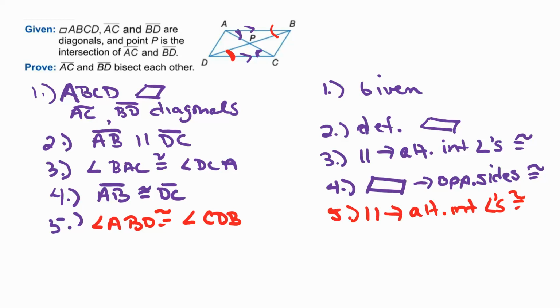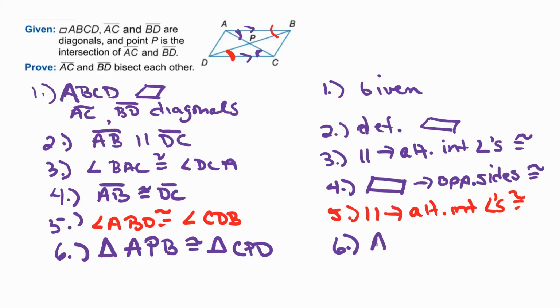So now I've proven that triangle APB is congruent to triangle CPD. And that is by angle side angle.